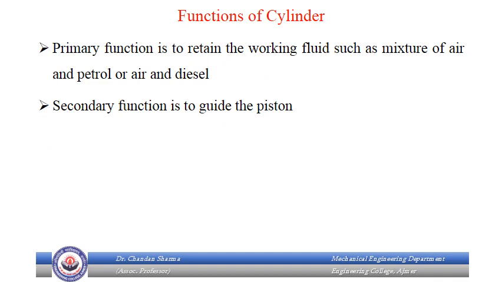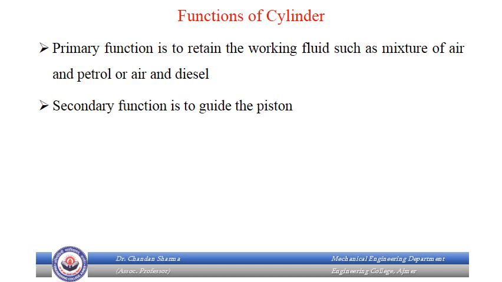Before moving further, let us discuss what are various functions of an IC engine cylinder. We all know that the working fluid, which is air plus petrol in case of SI engine and which is air in case of diesel engine, is contained within a cylinder.